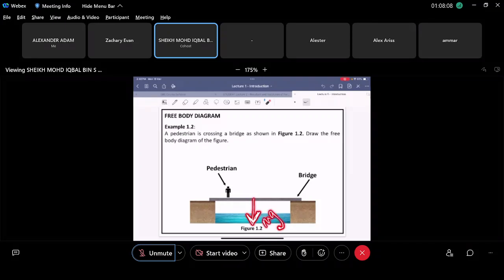What else? The pedestrian, right? The pedestrian will also, there'll also be forces going downwards. The weight. So weight is mass times gravity, right? So what else? That's the reaction force here going upwards, right? Remember Newton's third law, every action has a reaction, right?